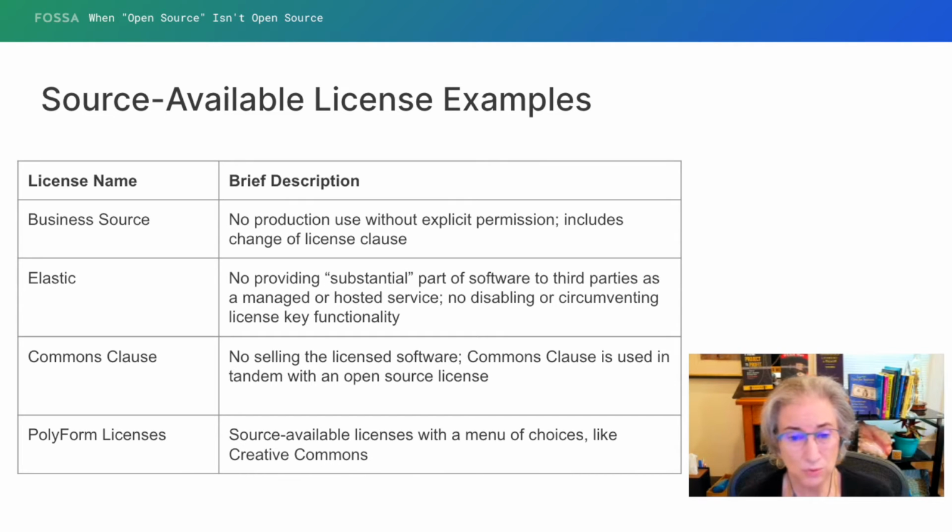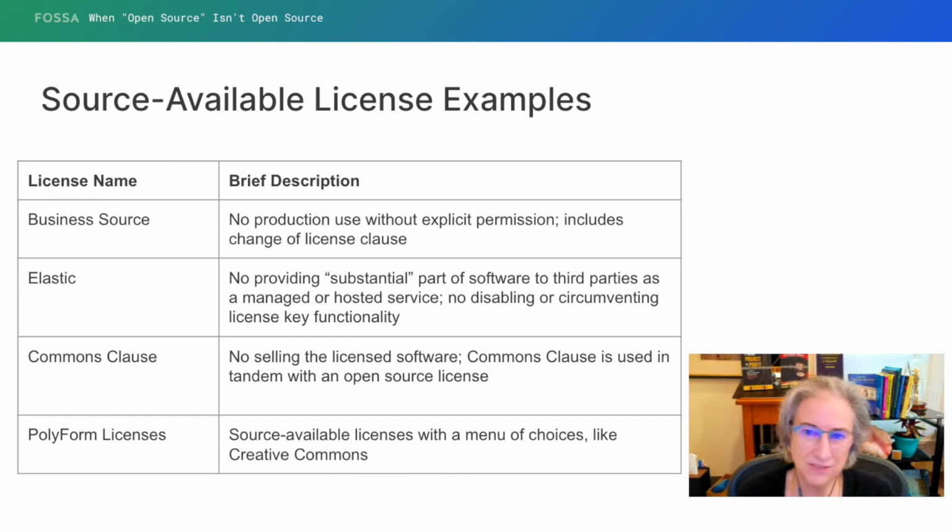It's an unusual one because it includes this license change notice, a license change feature or bug, depending on how you look at it. And so what it says is you can use the software for non-production uses, which, by the way, is not defined.